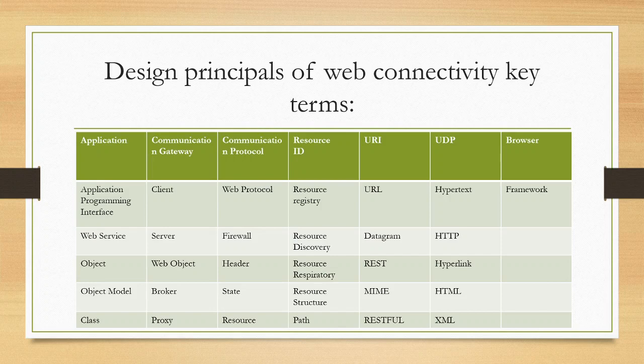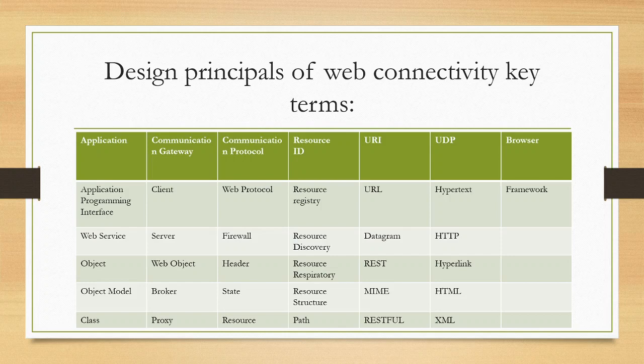REST also refers to usage of defined resource types with transferring the objects between two ends, that is URIs and URL. For representation of resources, it also refers to the usage of commands like post, get, put, and delete and files of MIME type. 29th is MIME, Multipurpose Internet Mail Extension.